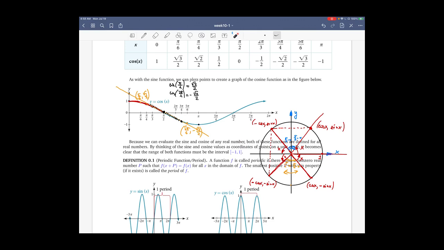Mathematically, that simply means that cosine of pi over 2 minus x, the x-coordinate of this point, and cosine of pi over 2 plus x, the x-coordinate of this point, are only different by a sign for any x.